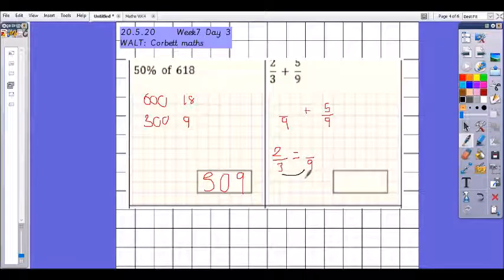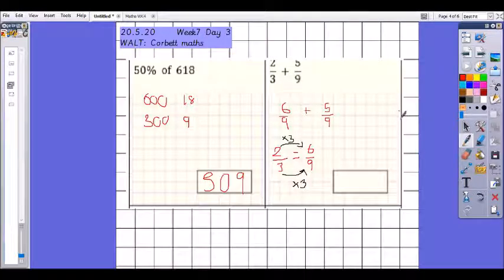I have multiplied 3 by 3 to get 9. Therefore, I must do the same to the numerator. Whatever you do to the denominator, you must also do to the numerator. So I've timesed the 3 by 3 to get 9, so I need to times the 2 by 3, which would give me 6. So 2/3 is the same as 6/9.